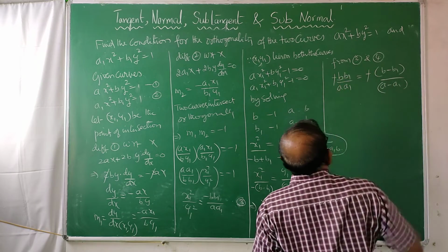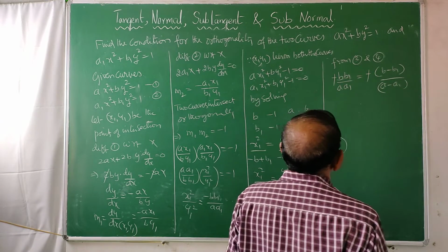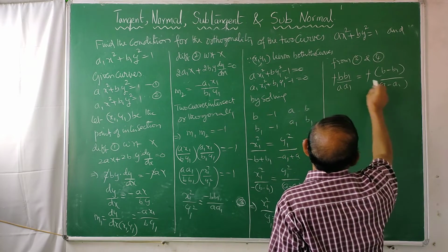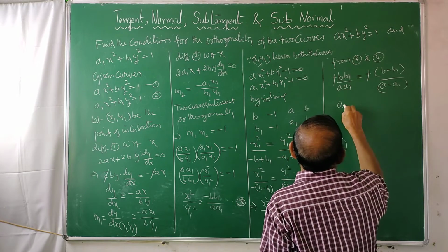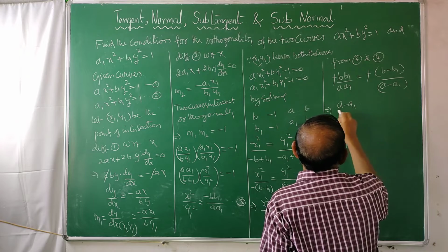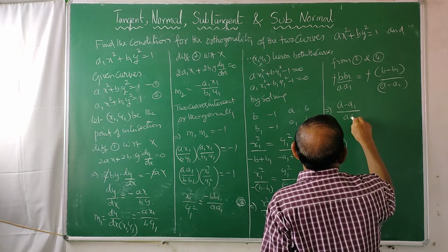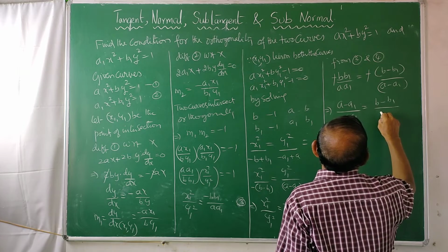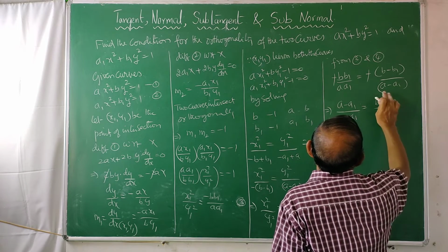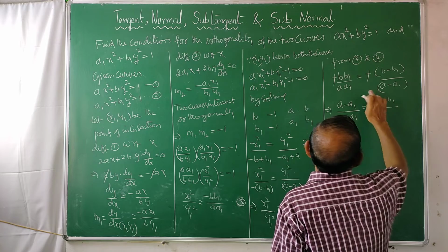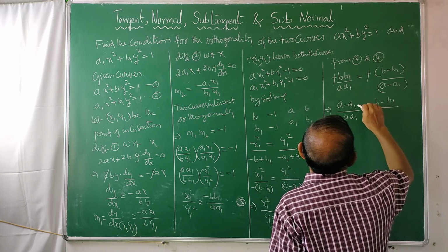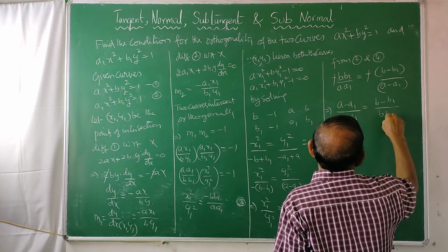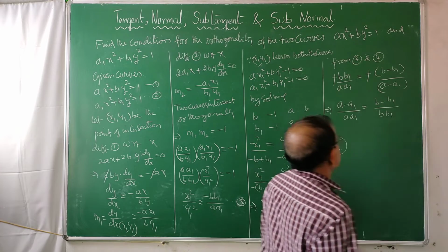Cancel minus on both sides. So interchange these two. That implies a minus a1 by aa1 is equal to b minus b1 by bb1.